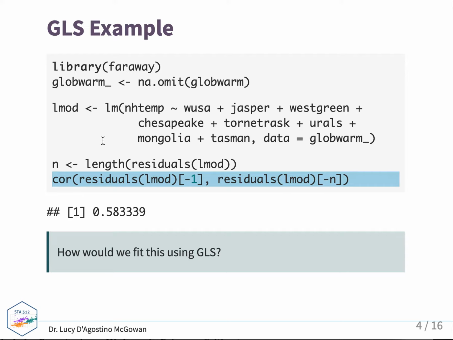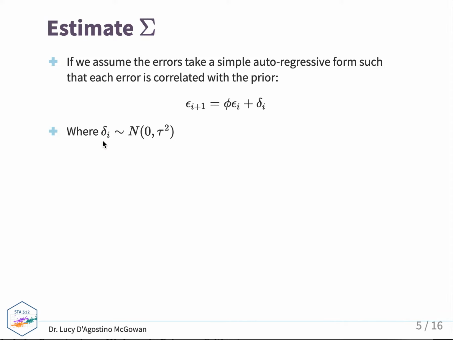So we're going to estimate that big sigma that basically tells us the structure that we're expecting from this correlation between these errors. And then we'll use that to fit a model that incorporates that correlation appropriately.